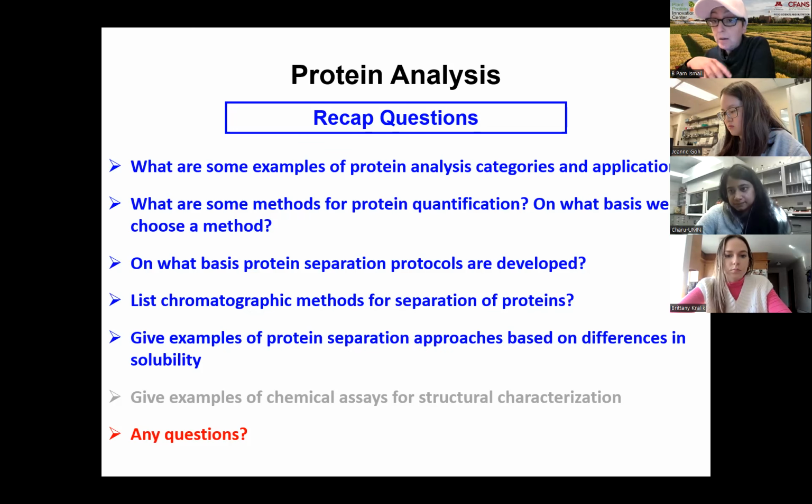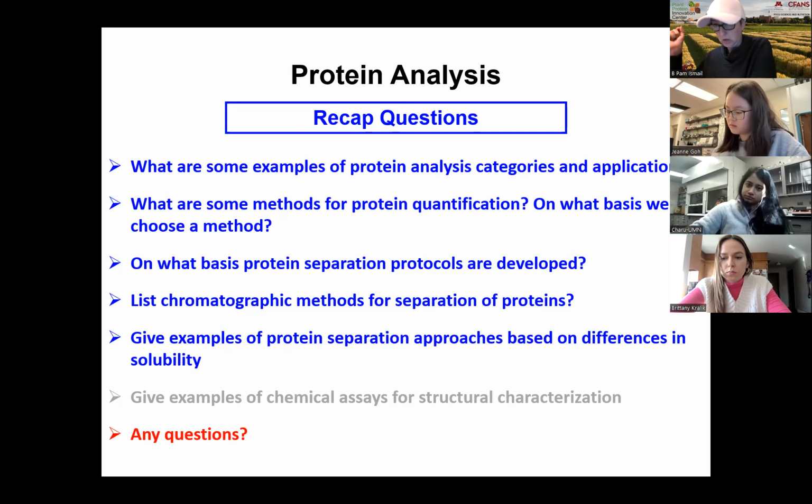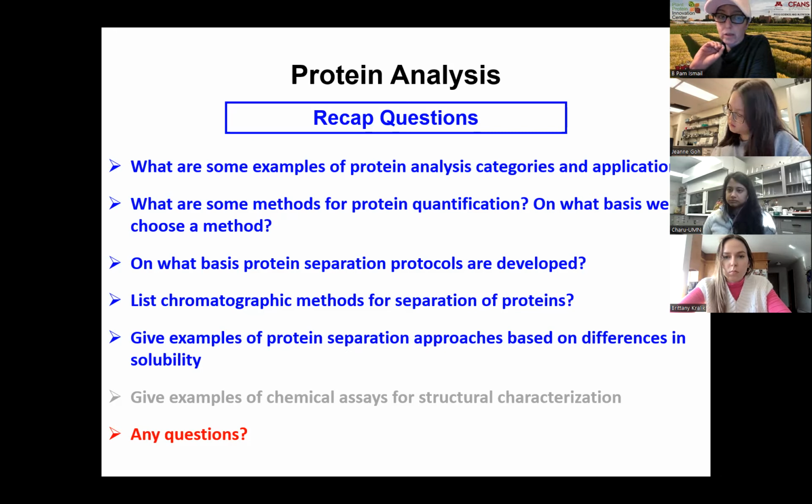We're going to talk a lot about characterization today. So protein analysis is not necessarily just quantification. It could be identification, structural characterization, functional, all sorts of assays we do for proteins.